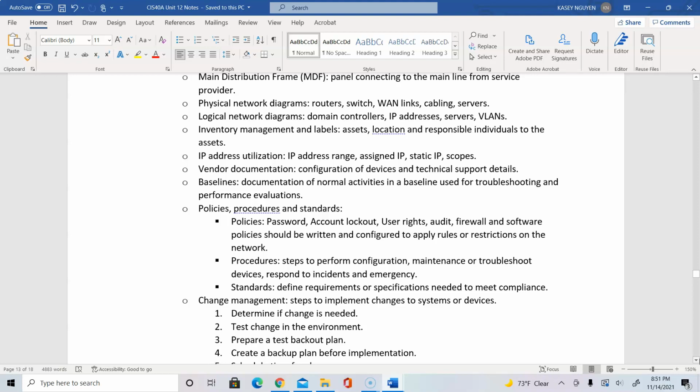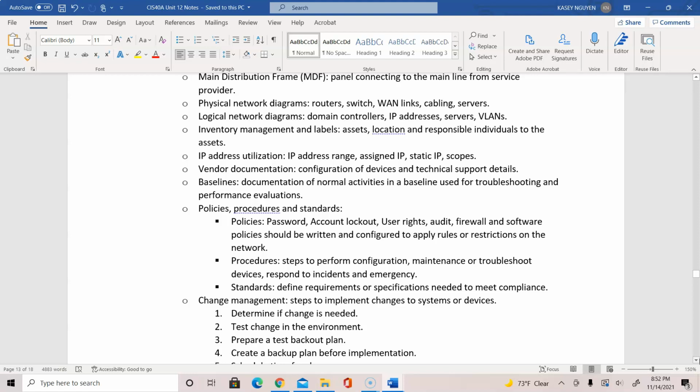We would have procedures, which are steps to perform configurations and maintenance on troubleshooting devices and respond to incidents in case of emergency. Then we would have documentation on standards, which are defined as requirements and specifications needed for compliance reasons. In change management, these are the steps to implement changes to the system.